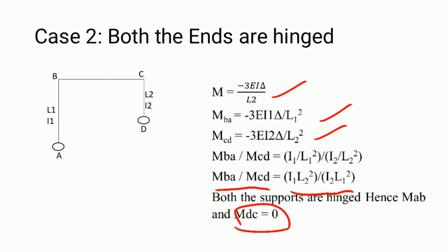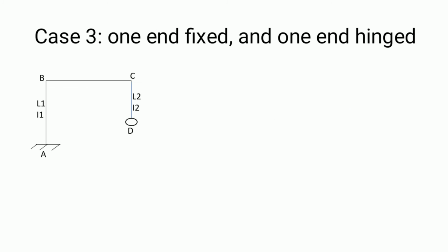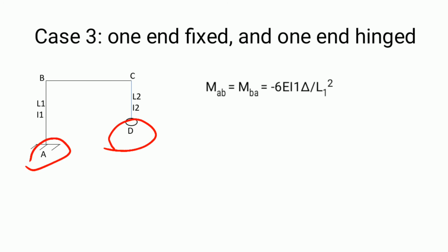Okay. So next, the condition when one end is fixed and another end is hinged. Here you can observe the portal frame ABCD, wherein A is fixed and D is the hinged support. In such cases, MAB is equal to MBA, that is nothing but minus 6 EI1 delta divided by L1 square.